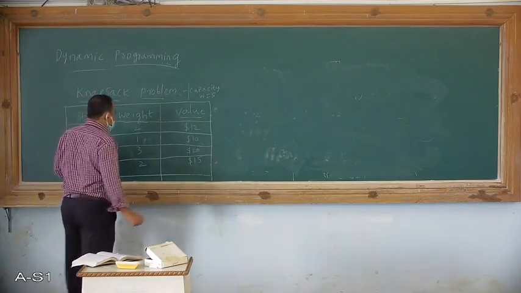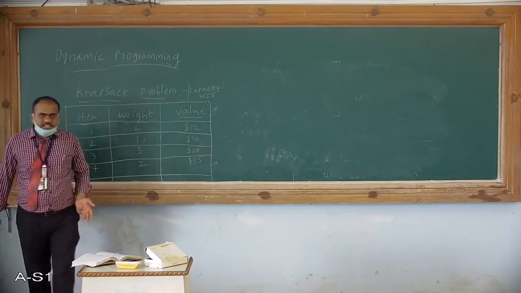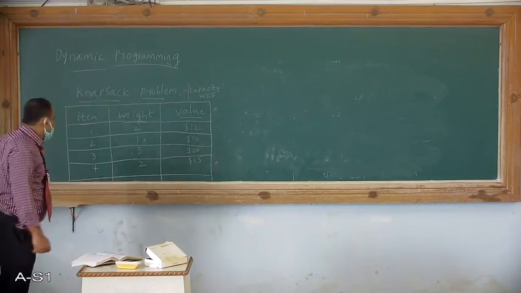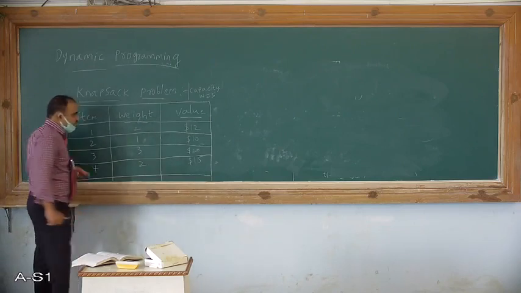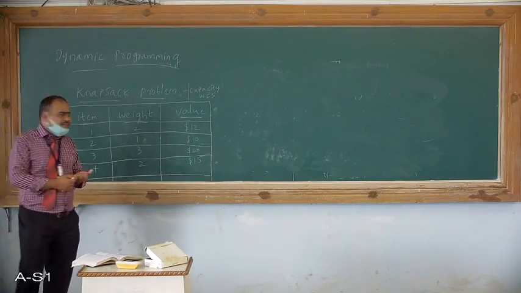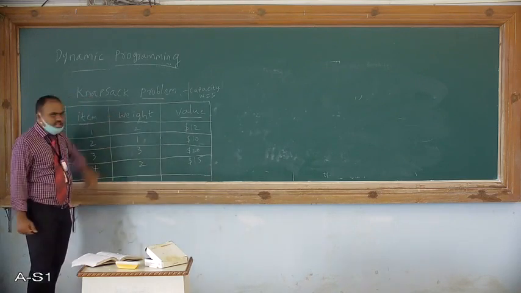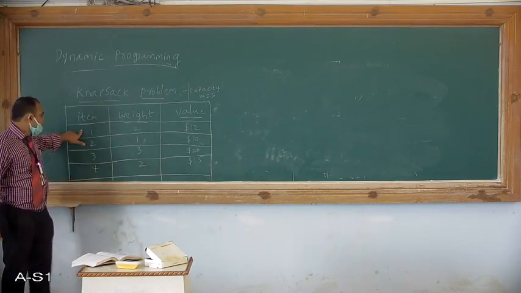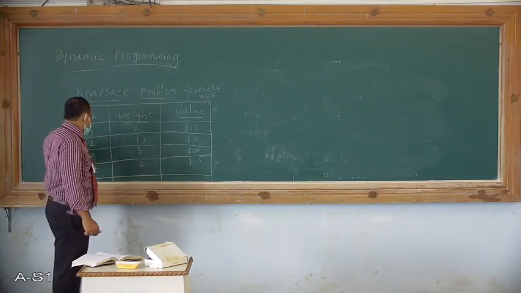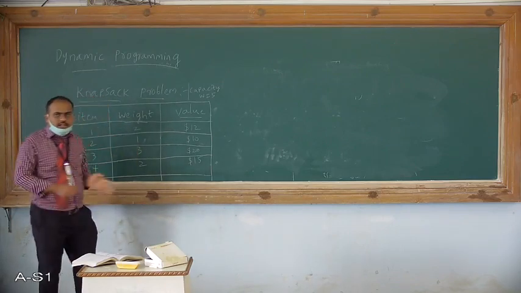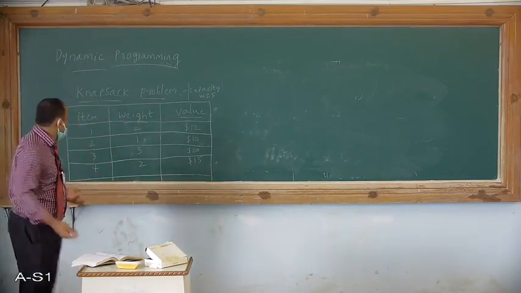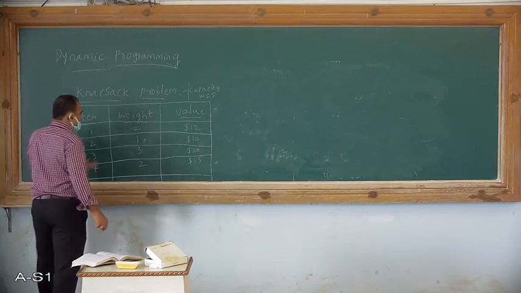So I will repeat it once again. In the problem statement, what you will be getting is this table. The table contains the weight, and this weight will change for each item. So item 1 is having weight 2. Next, item 2 is having weight 1. Similarly, for all the items we will be getting the weights. And what is one more thing? Value.